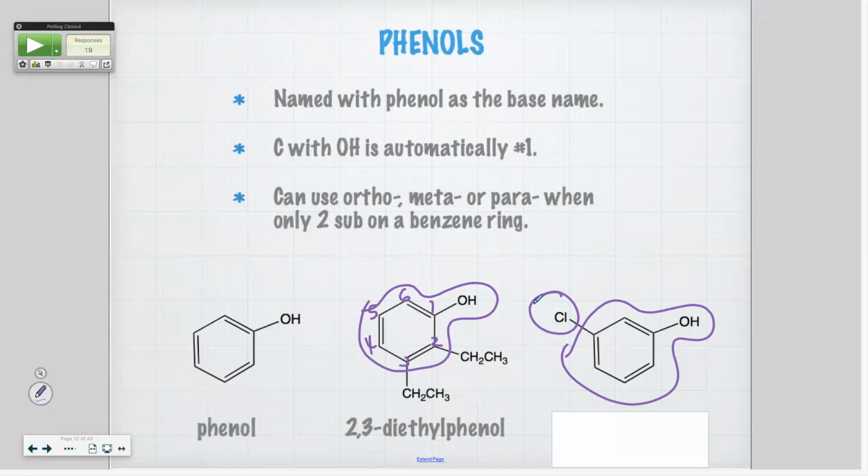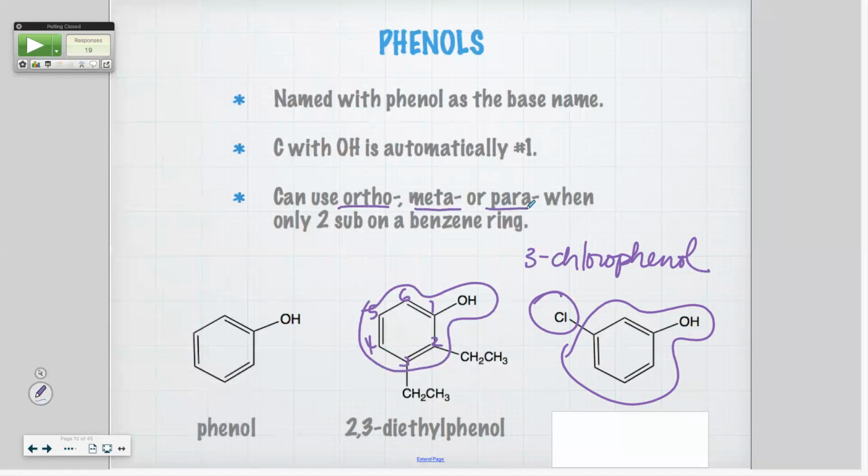Okay, so now this would be 3-chlorophenol. But when there are only 2 substituents on a benzene ring, you can use this other system: ortho, meta, and para.